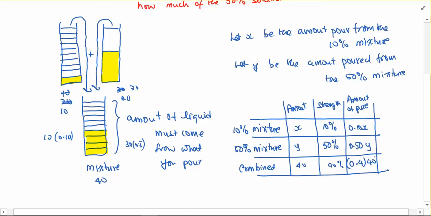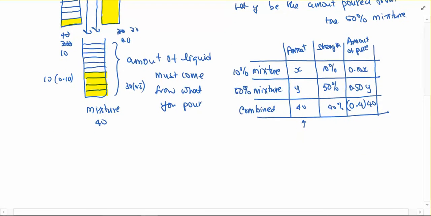When you set up this table, please be consistent, meaning this will be all the amounts, then this will be all the percents, and this will be the percent times the amount, percent times the amount, percent times the amount. Do be consistent on that.